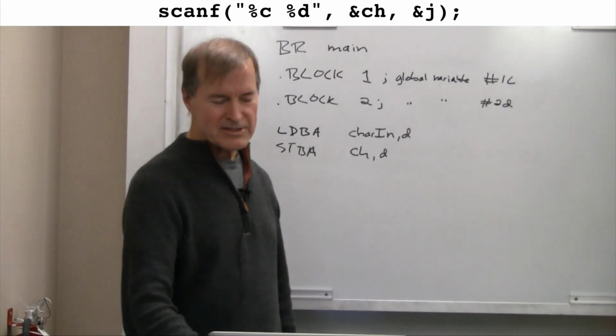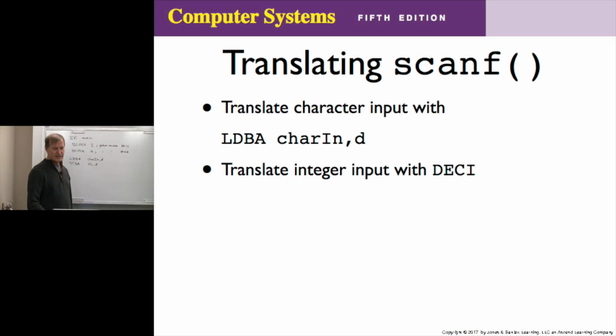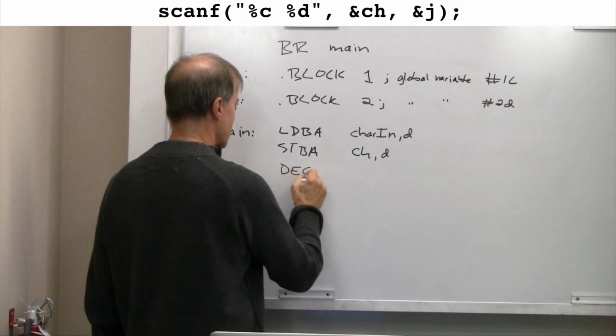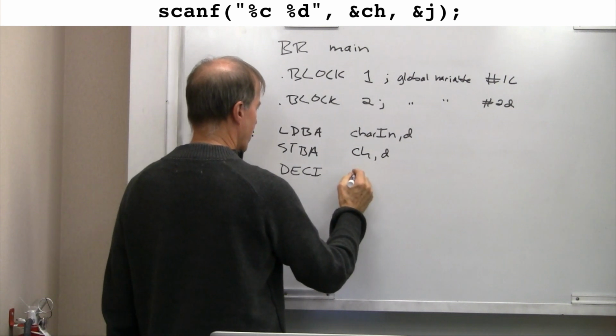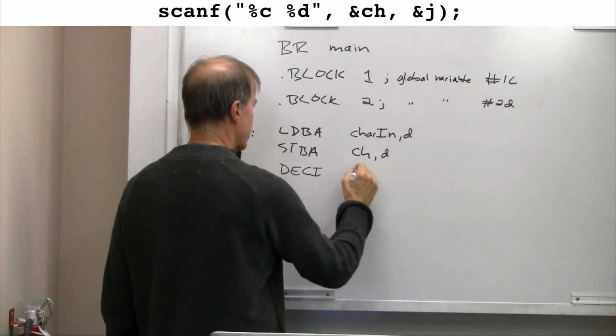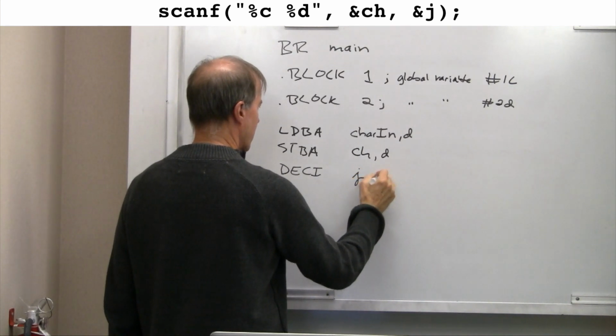Let's go back to this previous slide. Integer input with what? Deci. Okay, so decimal input into where? J, addressing mode? Direct. And that's it.